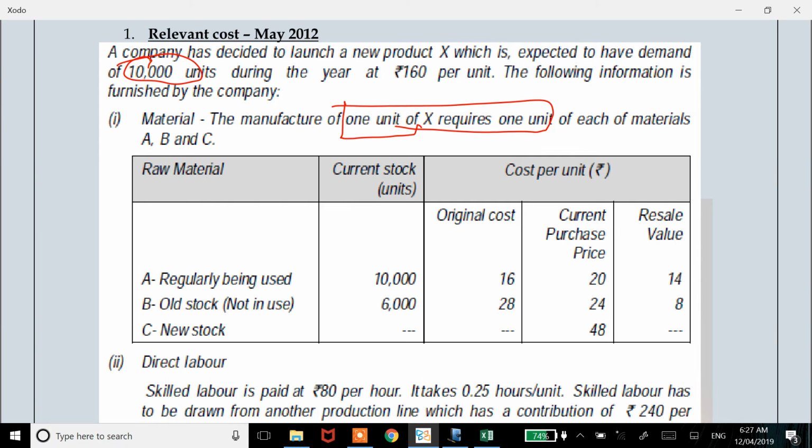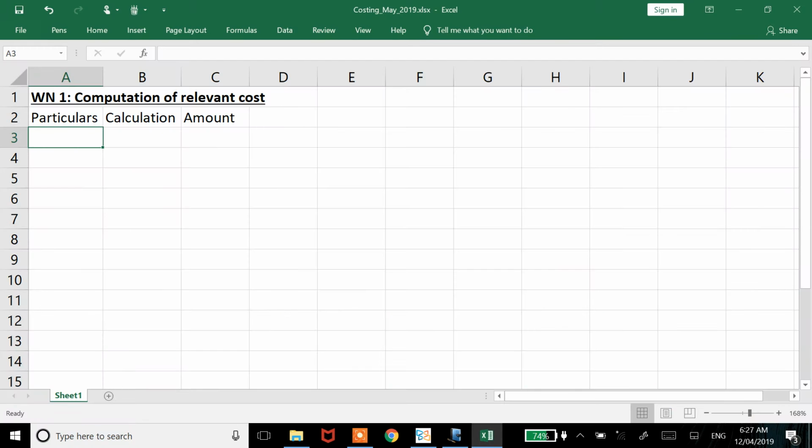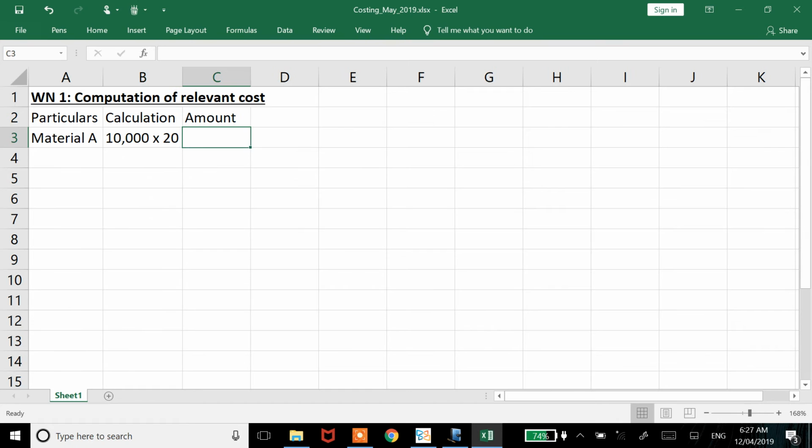Fast moving. If it's fast moving, the relevant cost is the current purchase price or the replacement cost. So material A, 10,000 into 20.